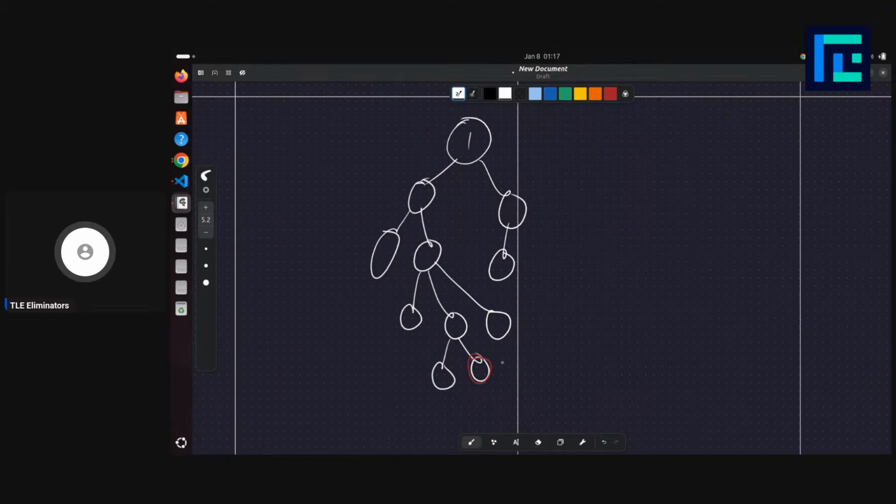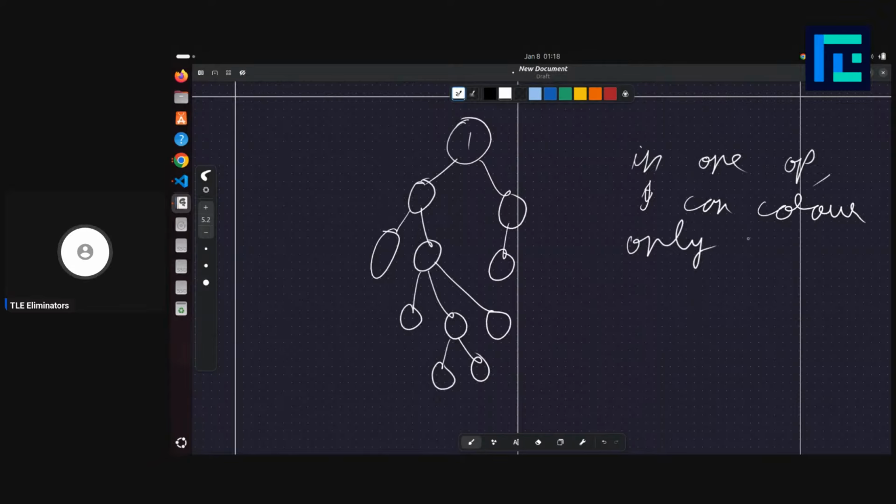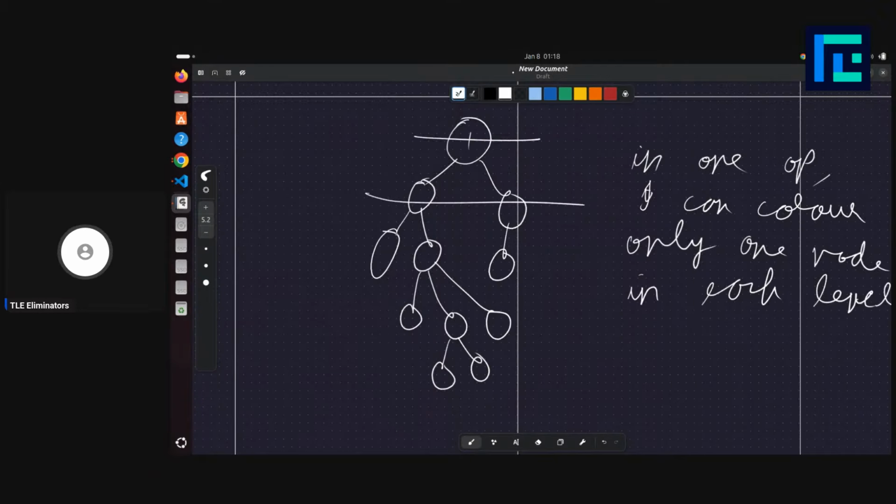First of all, I have one claim: at each level, in one operation I can color only one node. Like from this level one node, from this level one node, and so on. So I can only color at most one node from each level.